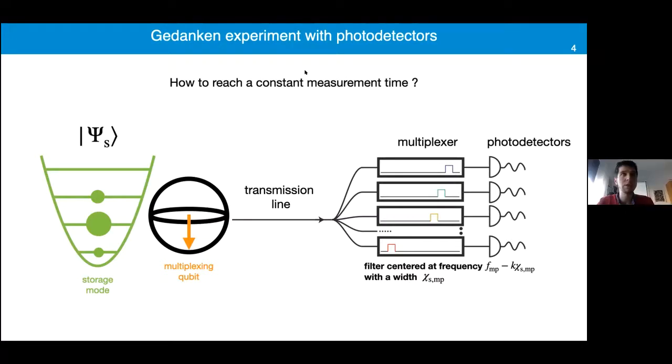We didn't have a look at that, so right now I don't have the answer. But indeed, if you find a way to encode the information only in the photon number, you can do a complete tomography in this case.